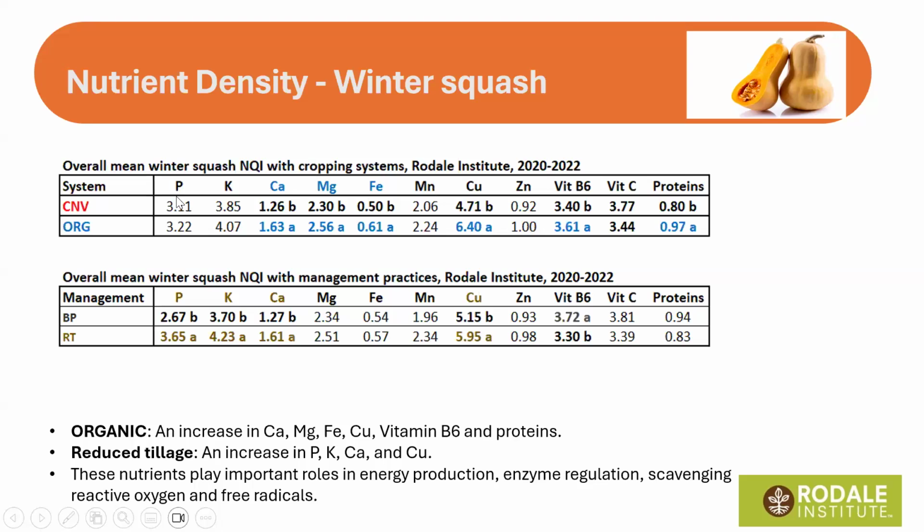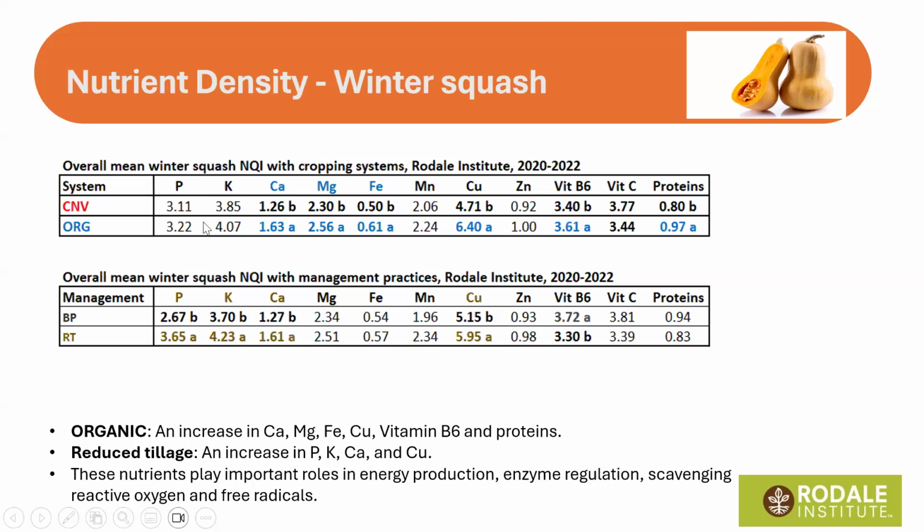The elements that we assessed were phosphorus, potassium, calcium, magnesium, iron, manganese, copper, zinc, vitamin B6, vitamin C, and proteins, for the conventional and organic systems. In the NQI numbers, if you remember, if it is equal to 1 or more than 1, it is considered nutrient sufficient.